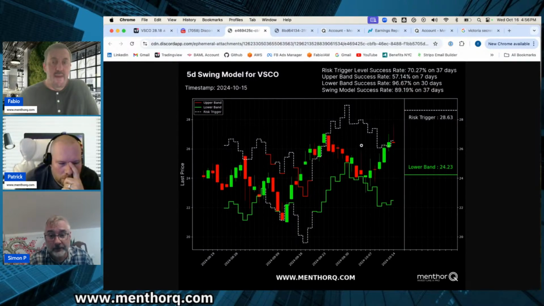Wow. And then you can also see basically how the bands have performed over time, and you can also see the success rate here. So for example, if you're an option seller and you were to sell every day for the past 37 days, selling put options using the lower band as your strike, you would have been successful in 89% of the cases.